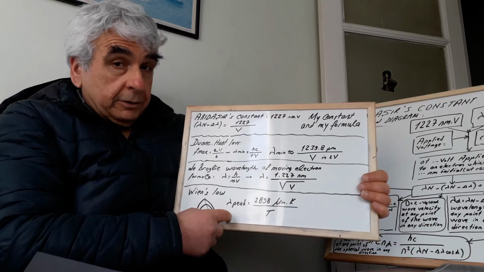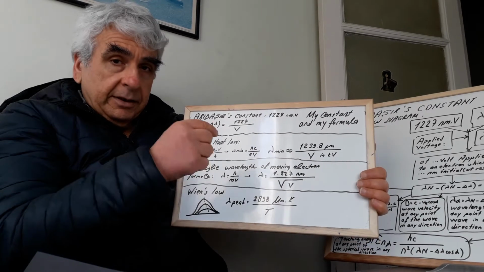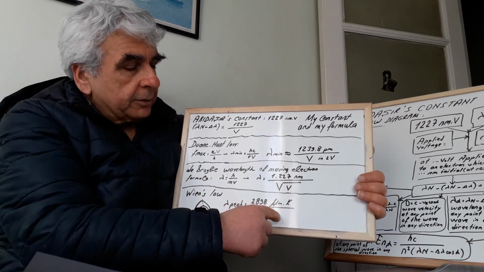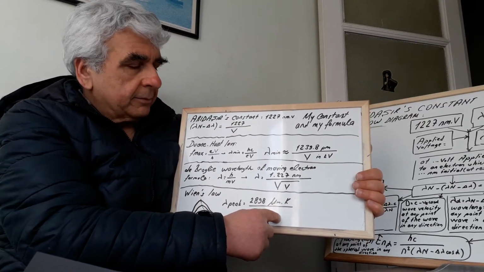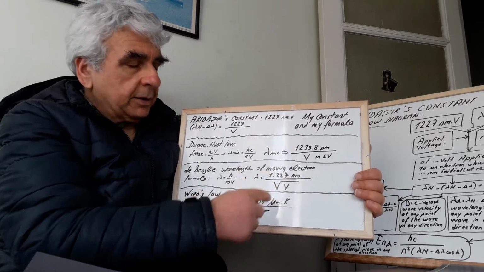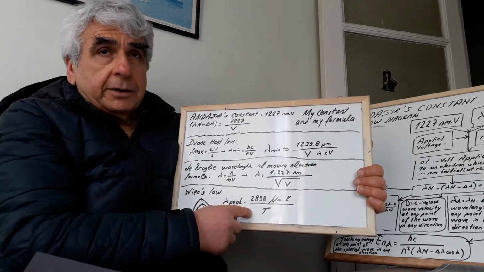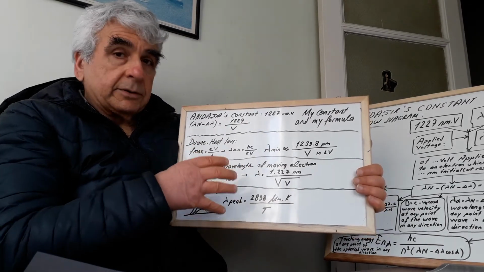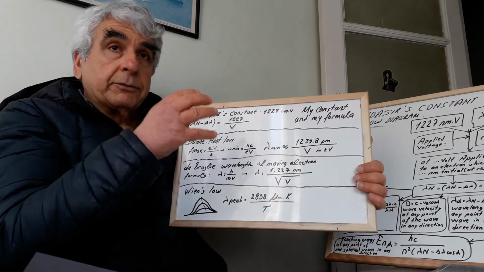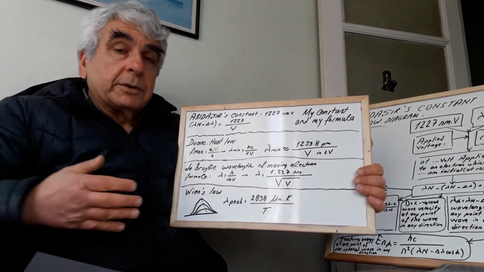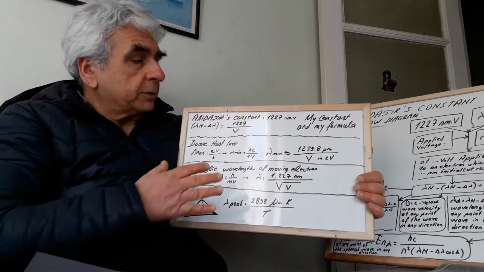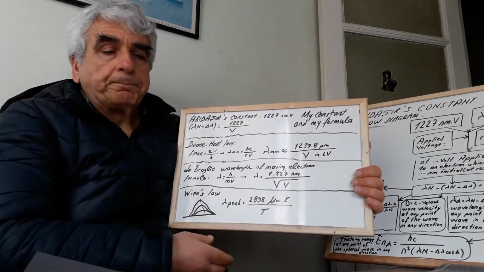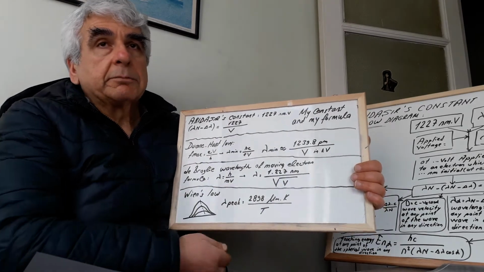Wien's law included, in spite of it being related to temperature, not voltage. According to my theory and my formulas, this is related to free electron motion forms, relocating free electron motion forms. All of that is about free electron motion form, according to my theory and my formulas.